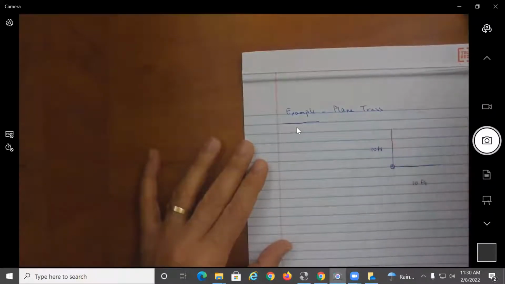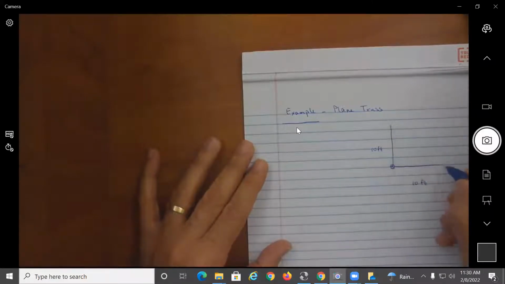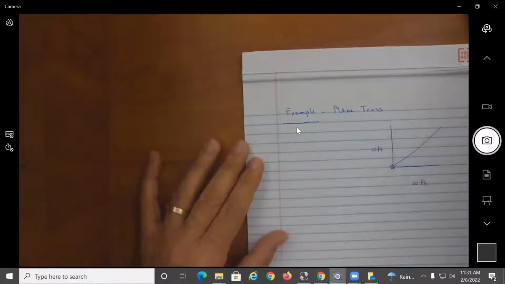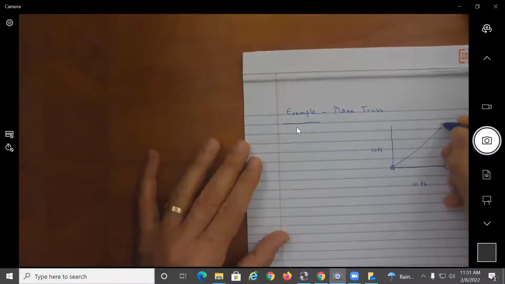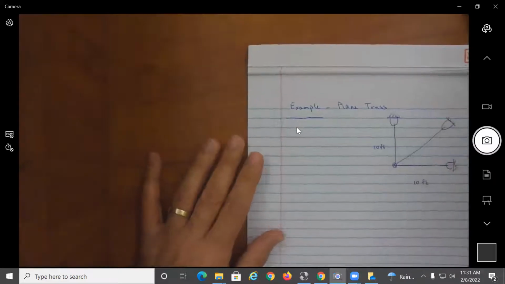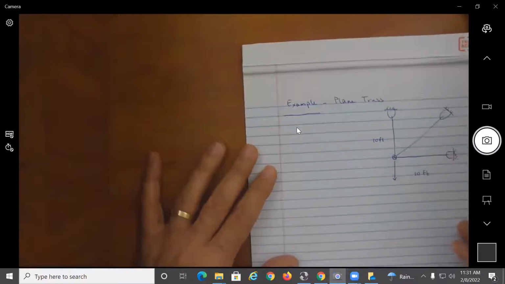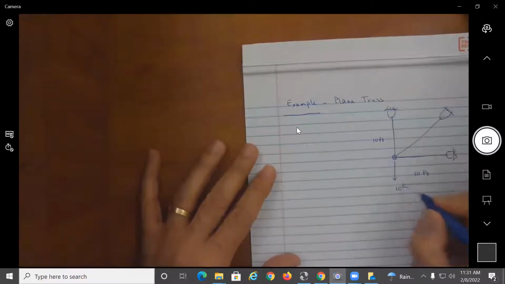And here we have one that goes at an angle of 45 degrees. And all these members are pin connected. So we have 3 members. And at this free joint, we have a downward vertical force of 10K.